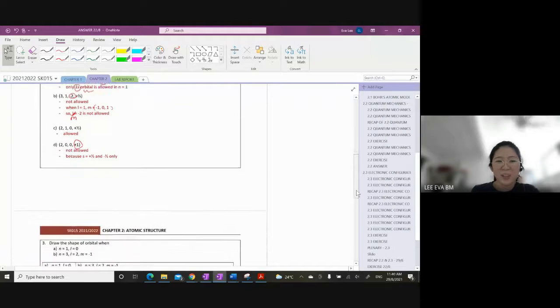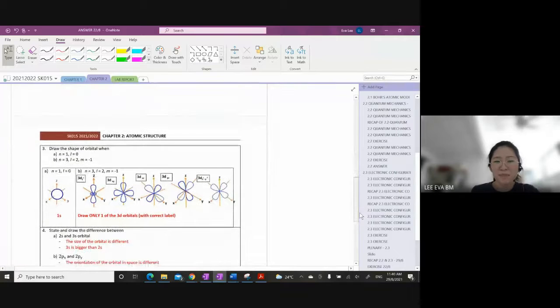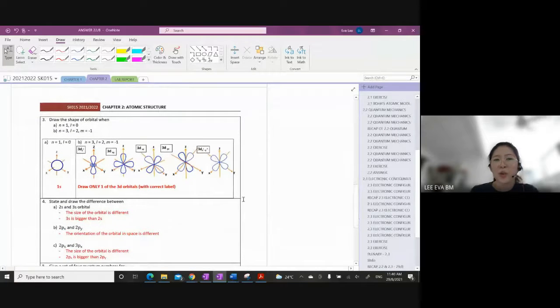All right. So for question number 3, it asks you to draw the shape of orbitals. Shape of orbitals when n equals 1, L equals 0. Of course, you need to understand which subshell it means. So for this one, it refers to our 1s orbital. And then for B, when n equals 3, L equals 2, and m equals -1. So for this one, it means any orbital from our 3d subshell.